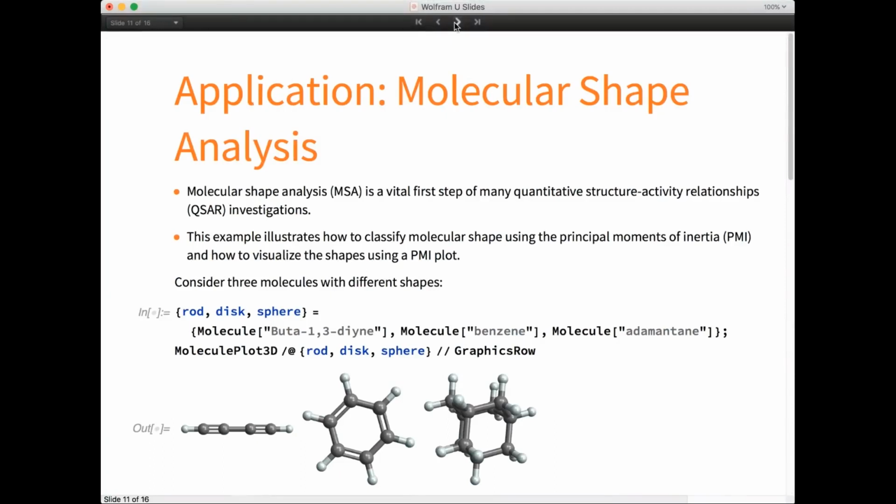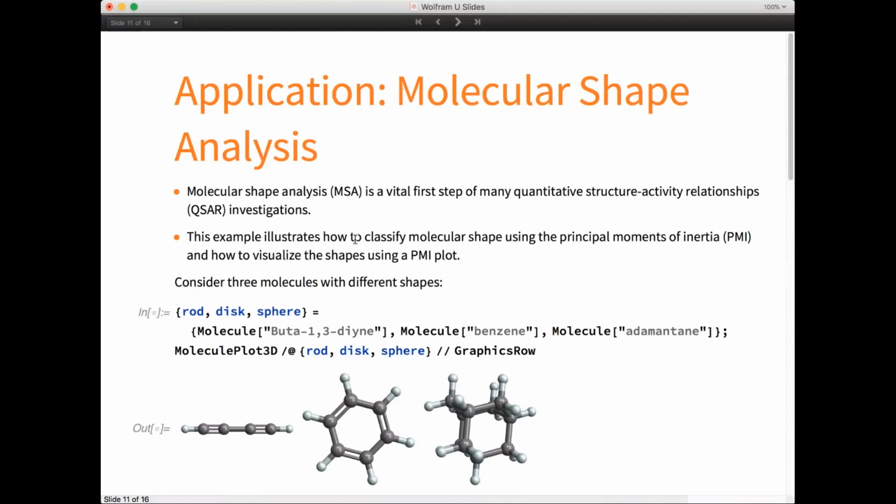And then I have a few applications here. Like this one I think is actually pretty neat, so I moved it up in the slides from where it might normally go. So this is molecular shape analysis. In general, out of this collection of molecules, you want flat molecules, or you want molecules that are long and skinny, or molecules that are rounder.